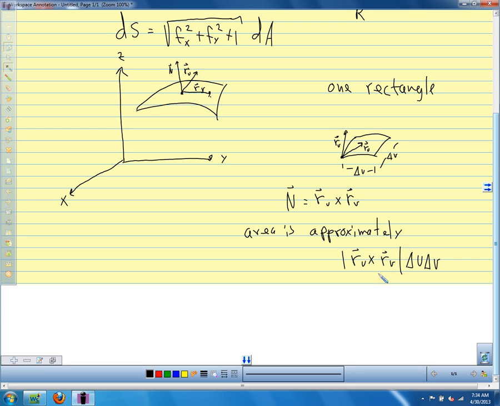We let delta u and delta v get very, very small, and we take the limit as delta u and delta v go to 0. And we sum these small areas over the surface to get the surface area of our parametric surface.